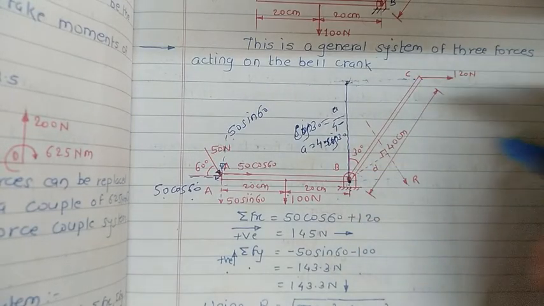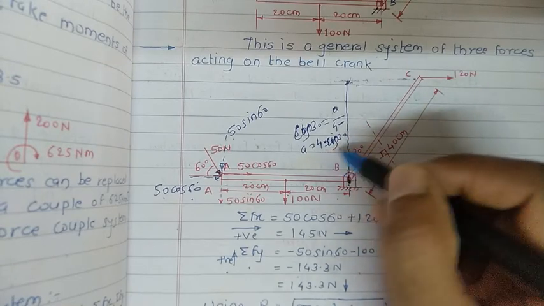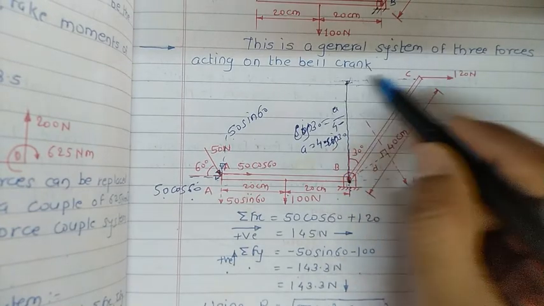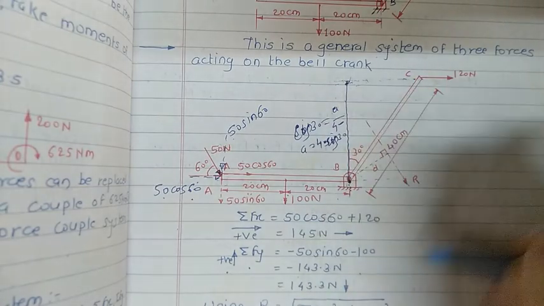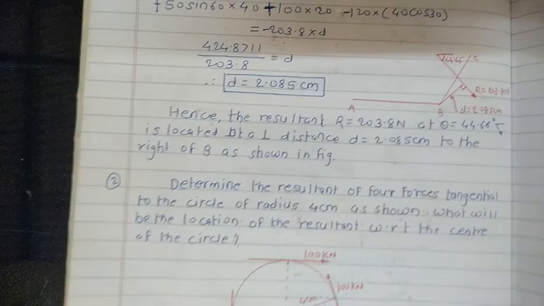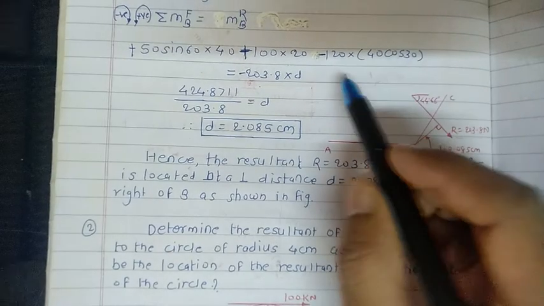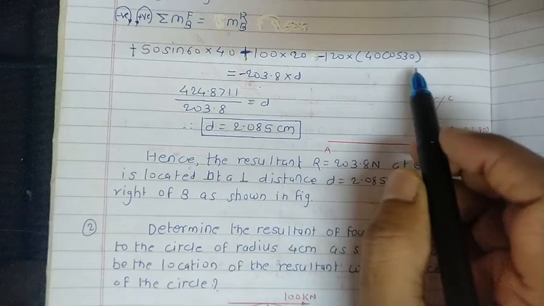So we can get the distance as 40 cos of 30, and the tendency of this force is clockwise. So you get this step: minus 120 multiplied by 40 cos of 30.